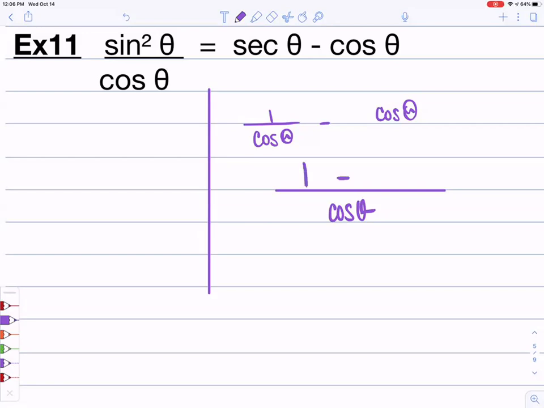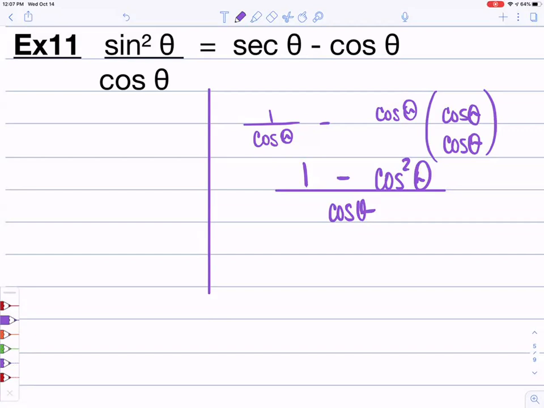The second one though doesn't have it. So what do you need to do to the second fraction? Multiply by cosine over cosine. So what's your new numerator? Cosine squared. Now keep an eye on the prize. Keep an eye on what you want to change it to. Are you close?